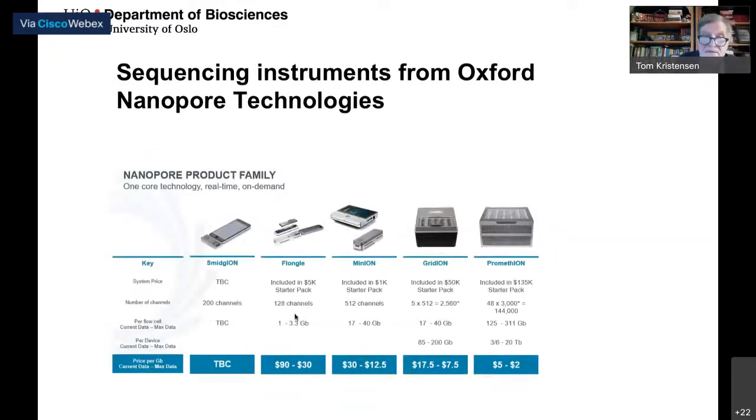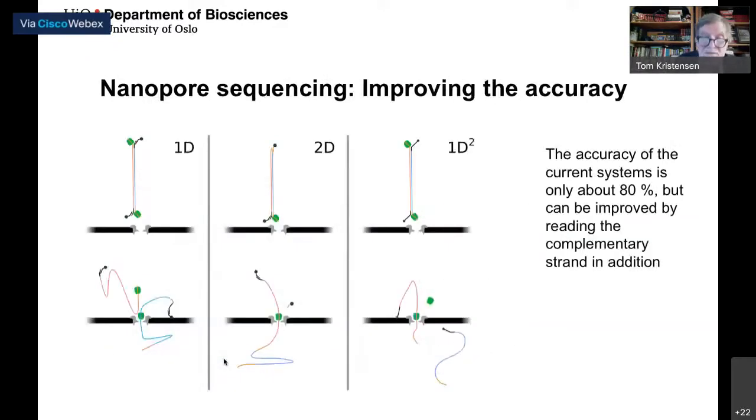And they have a variation of this, where again both strands of the double-stranded DNA are read, but using a different solution to this problem. So using technologies like this, they can improve the accuracy up to towards 99%, even for the nanopore instrument.